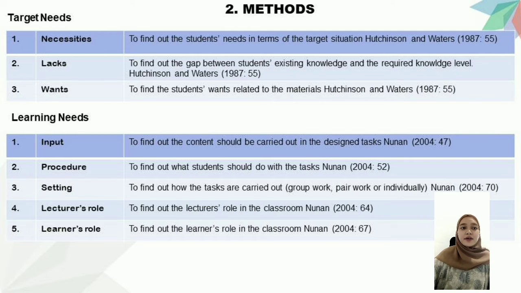The fifth, to find out what students should do with the task. The sixth, settings, to find how the tasks are carried out. The seventh, to find out the lecturer's rules. And the eighth, learner rules, to find out the learner rules in the classroom.